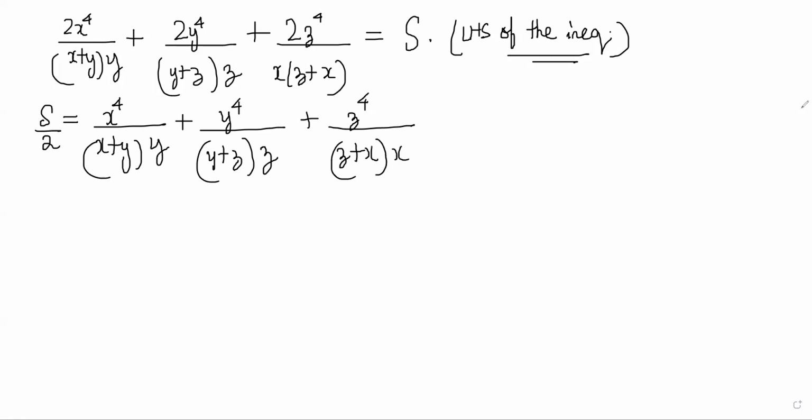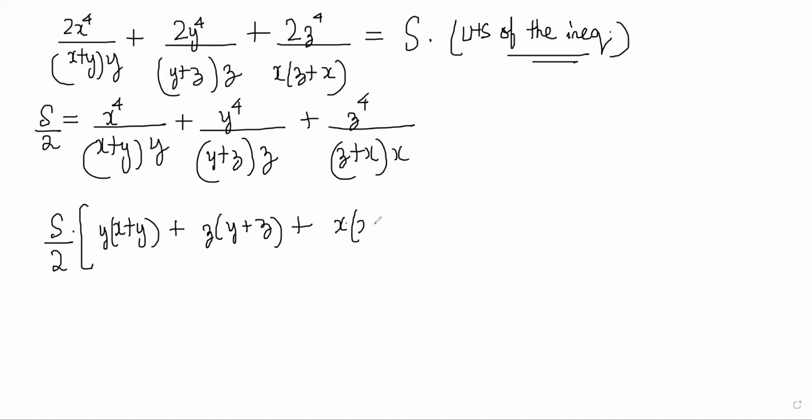Right? Now, what we can say here is we multiply S/2 with a new vector: y(x + y) + z(y + z) + x(x + z), because I want to cancel the denominators, right? I will consider this as a u vector.